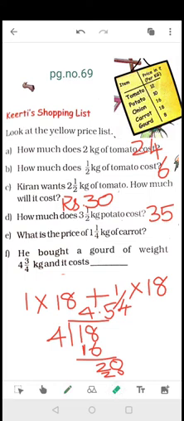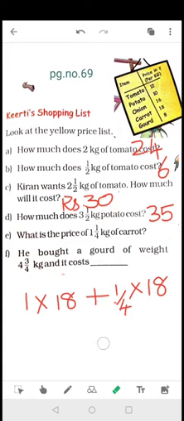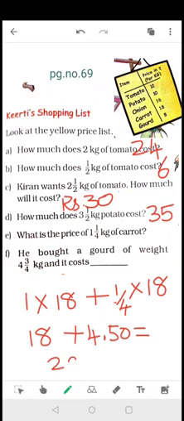So the cost of quarter kg of carrot is 4 rupees 50 paise, and 1 kg is 18. 18 plus 4 rupees 50 paise will cost you 22 rupees 50 paise. How much? 22 rupees 50 paise.